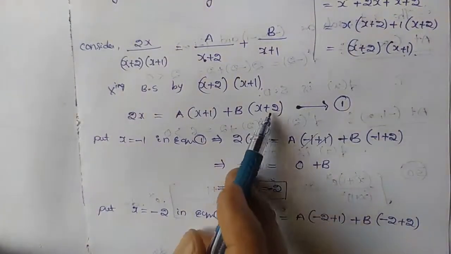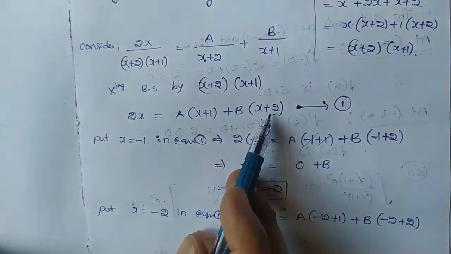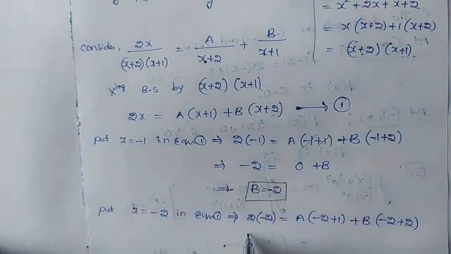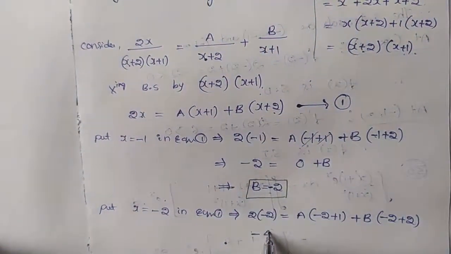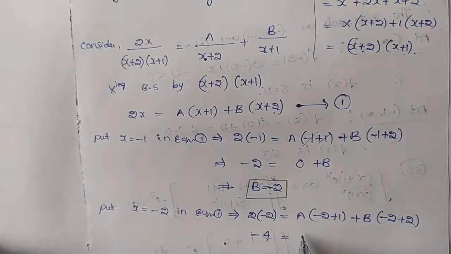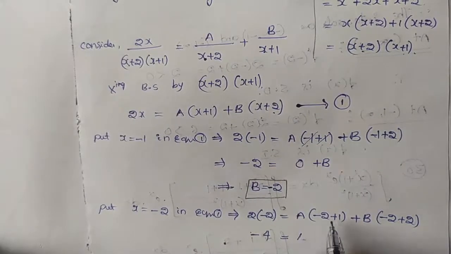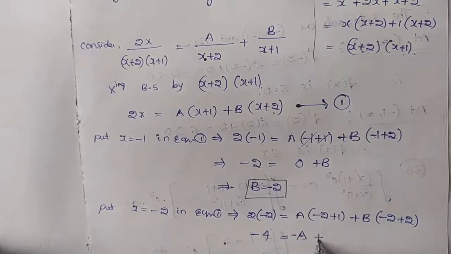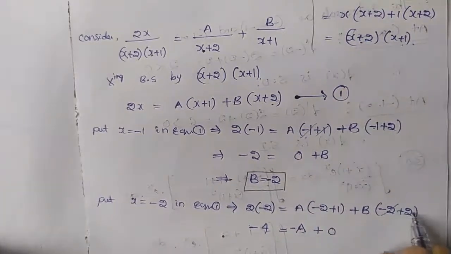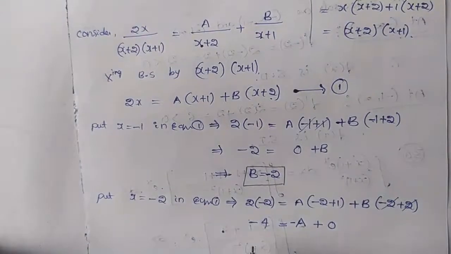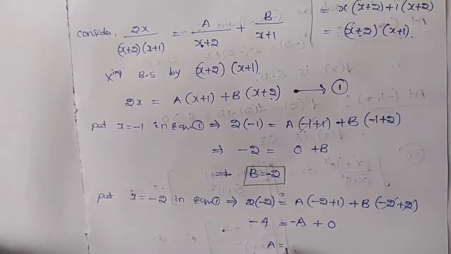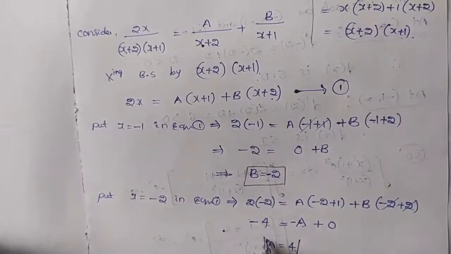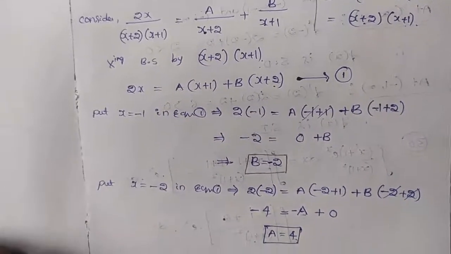Therefore minus 4 equals A into minus 1, so minus A, plus 0, since minus 2 plus 2 cancels. Therefore the value of A is plus 4.